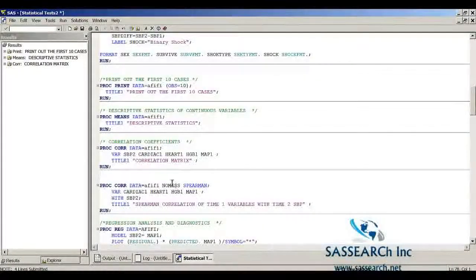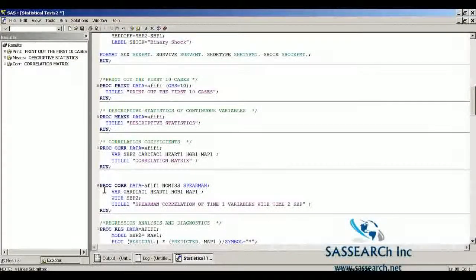And the other thing I'm doing is putting in this option NOMISS. What NOMISS does is what we call listwise deletion, which means that it excludes all observations that are missing values on any of these variables, so that in our output we will only see those observations that have complete data on all of these variables.